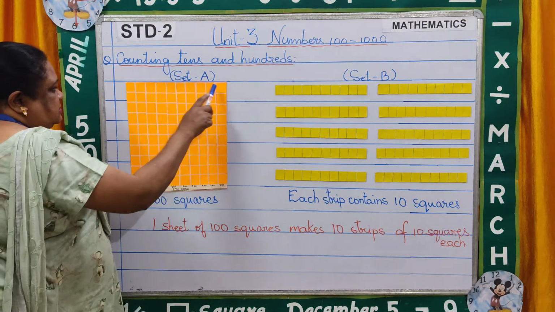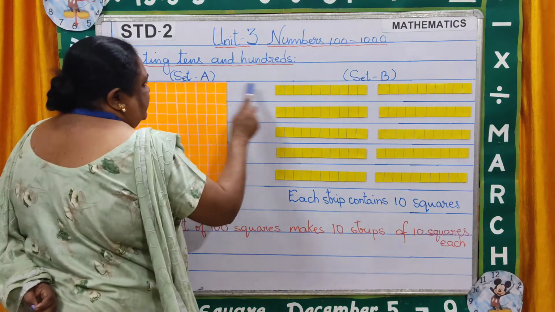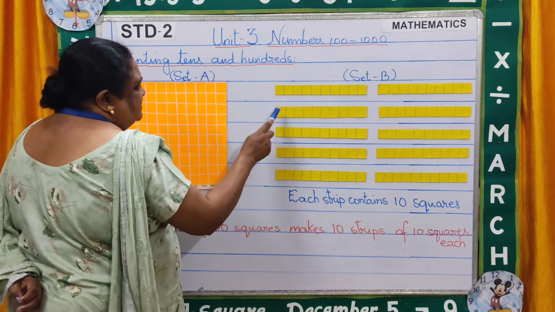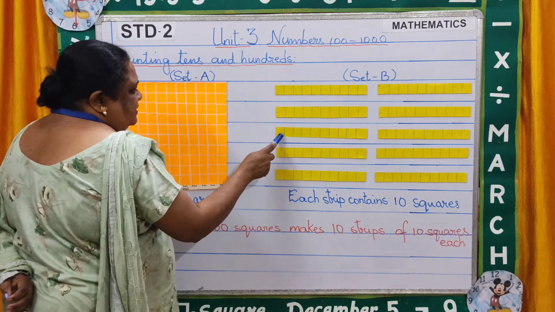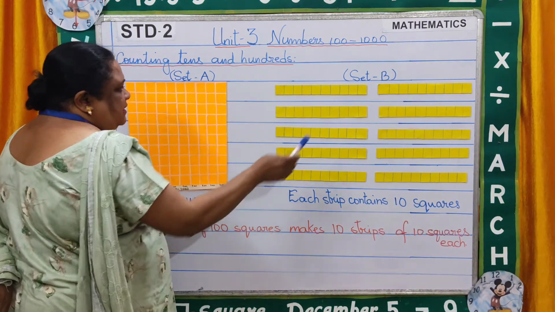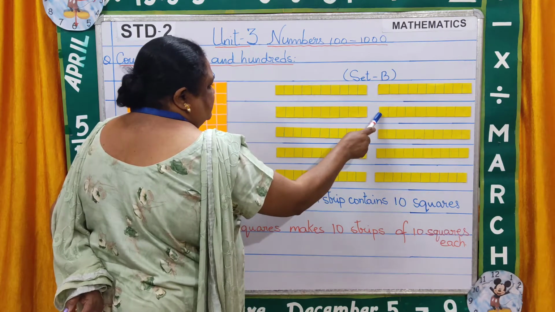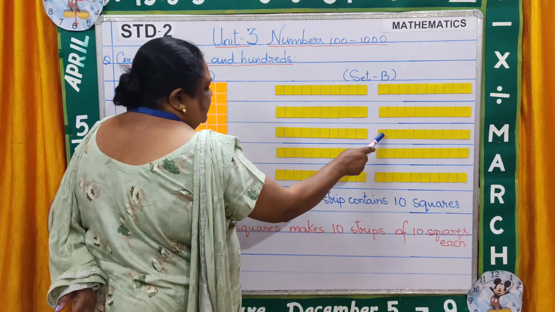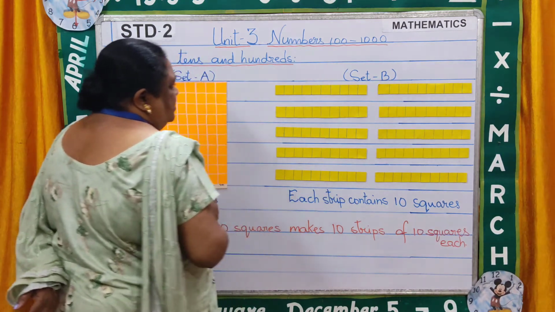There are 100 squares in this square. Now, 10 in this, 10 plus 10, 20, plus 10, 30, plus 10, 40, plus 10, 50, plus 10, 60, plus 10, 70, plus 10, 80, plus 10, 90, plus 10, 100.